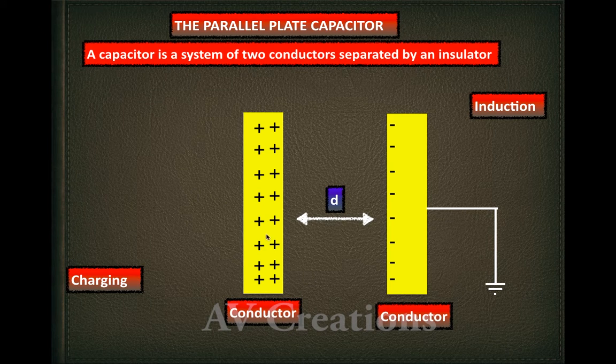We can give more charge here. So this is the working principle of a capacitor: we increase the charging capacity by earthing. This arrangement is known as a parallel plate capacitor.